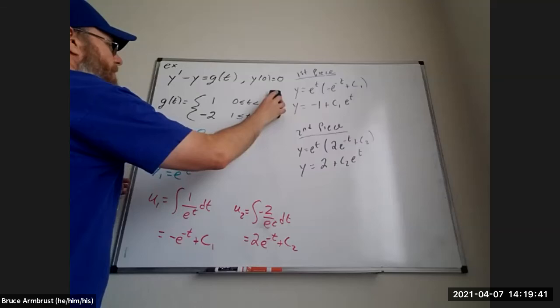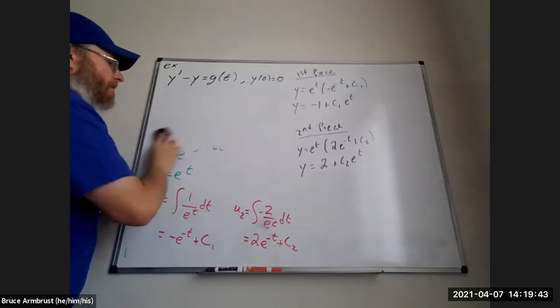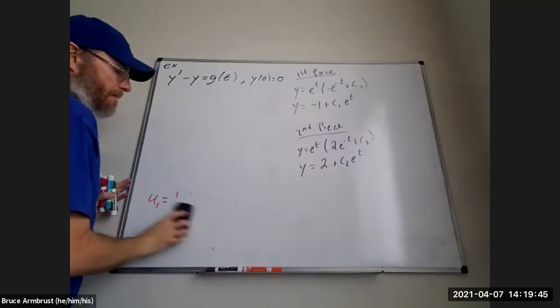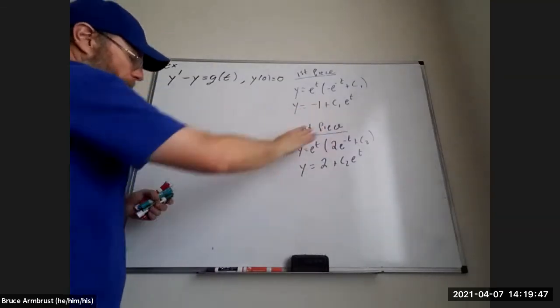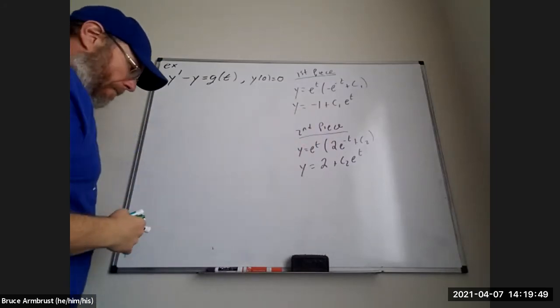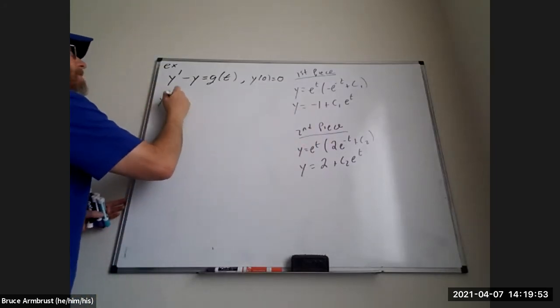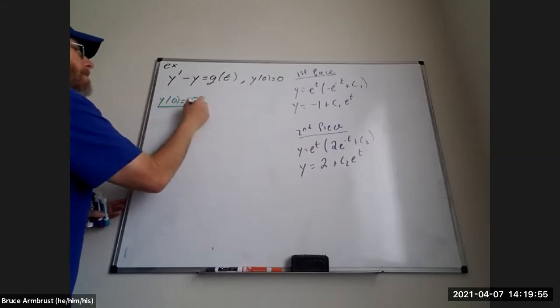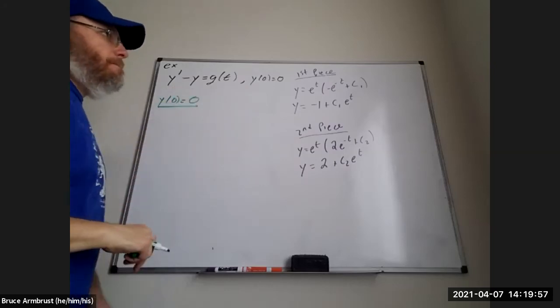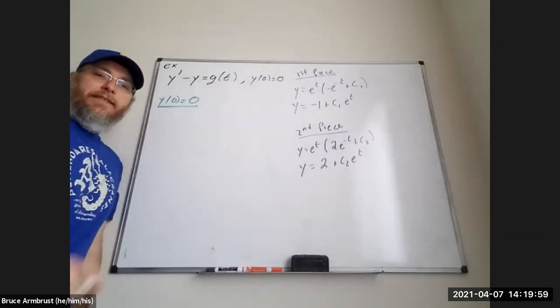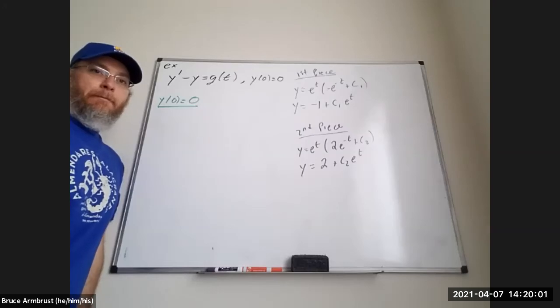All right, so I'm going to erase this because we've already made use of it. We've already incorporated it into our pieces. But let's look at the y of 0 equals 0. Which piece does that apply to? The first one, right?